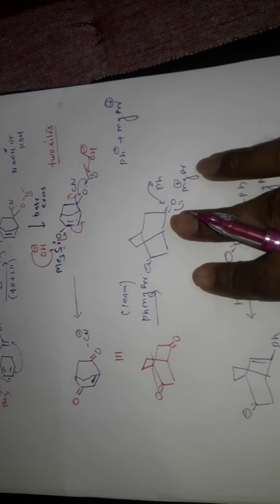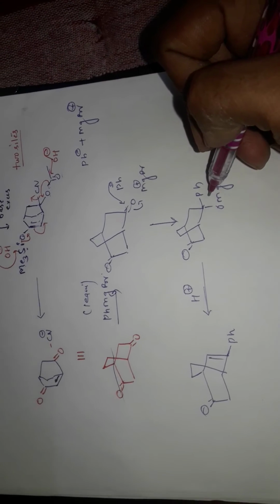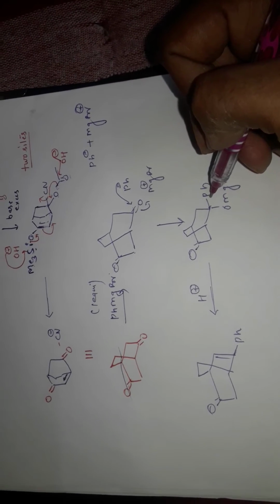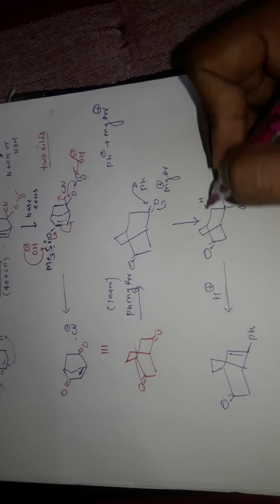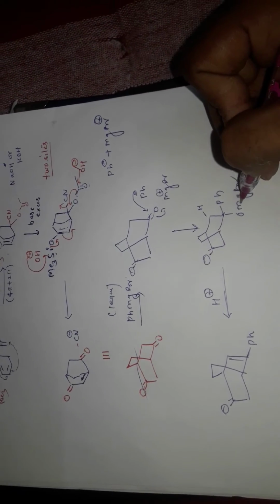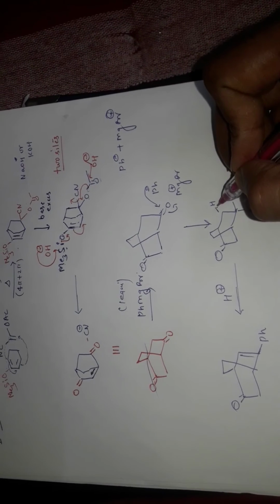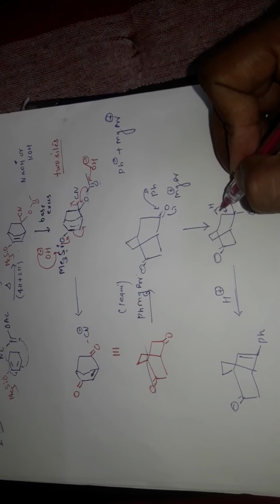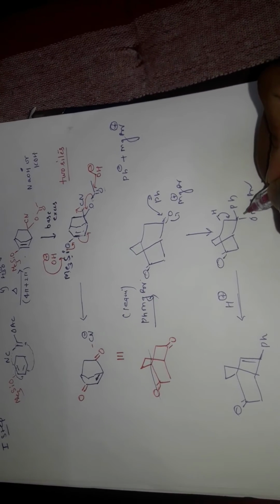So after that, this moiety will be formed here. Okay, so after that, H2SO4 is added here. So acidic medium is given here to break down the OMgBr. Okay, so when acidic medium is given here, this hydrogen will shift here, and oxygen magnesium bromide will act as a leaving group here.